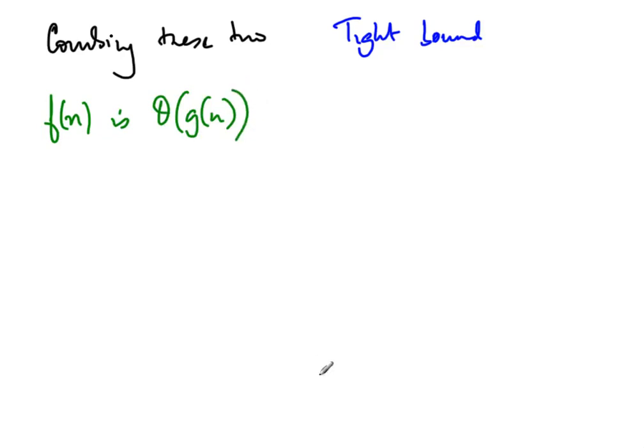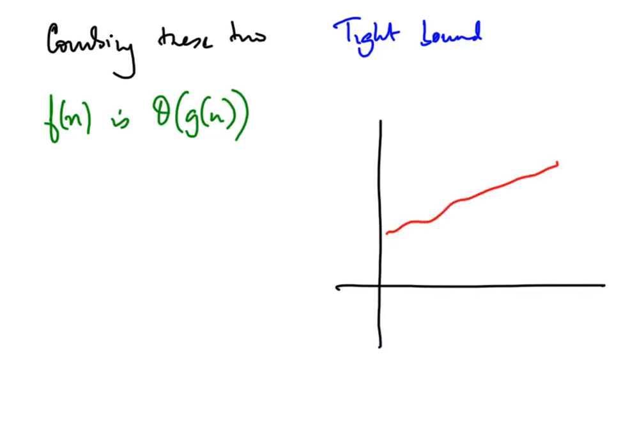So here the picture is that if I now draw my f of n, then I can sandwich it, again beyond a suitable n0, by finding two values. So I can have c1 times g of n, and this will always lie above the red line, and I'll have a different function c2 times g of n.